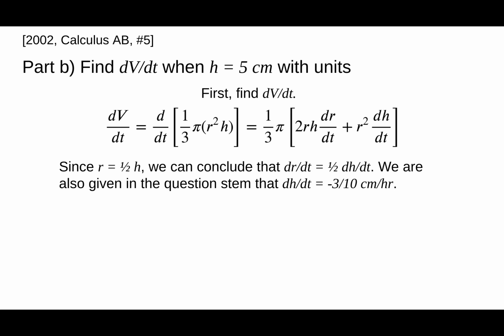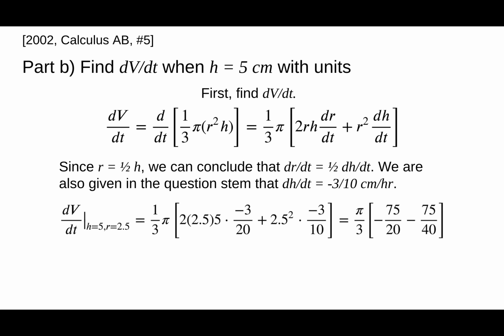We're given in the question stem that dh/dt is -3/10 centimeters per hour, and dr/dt is half of that, which is -3/20 centimeters per hour. So if I want to find dV/dt when h is 5 and r is 2.5, I now have all the information I need to substitute in.